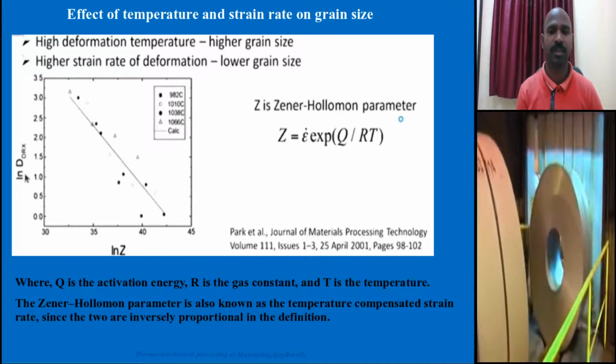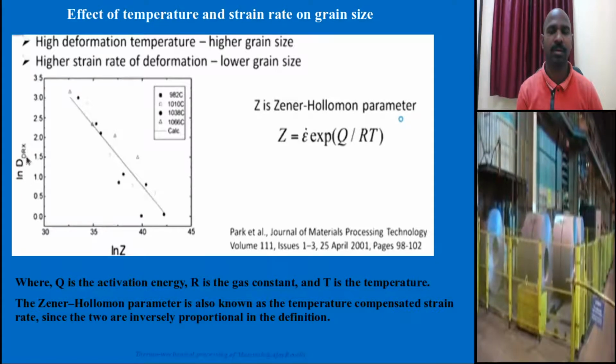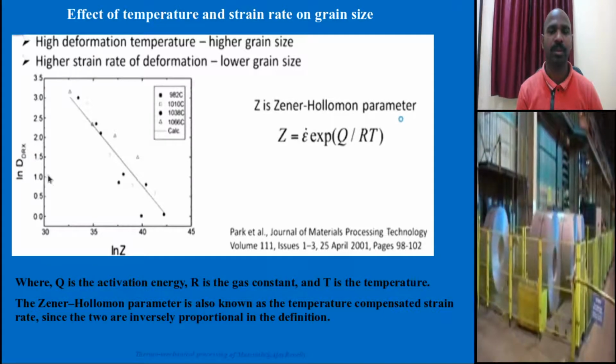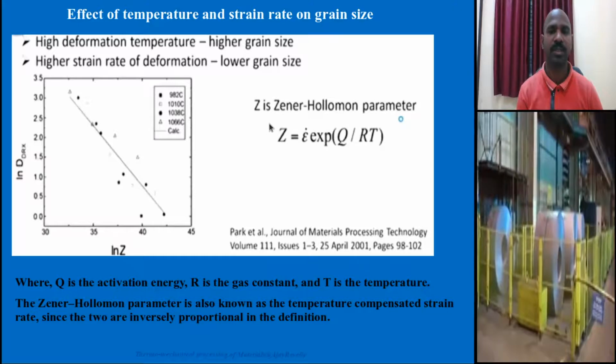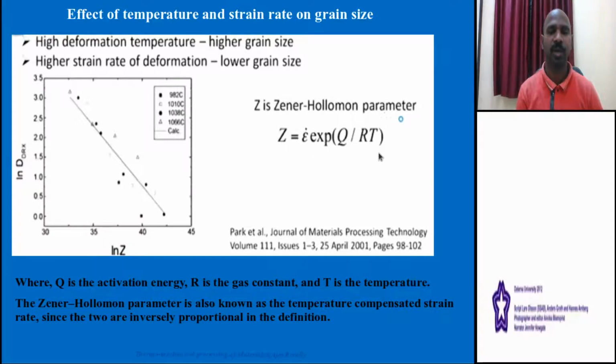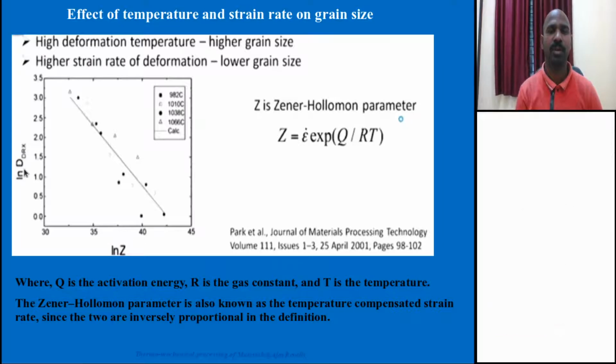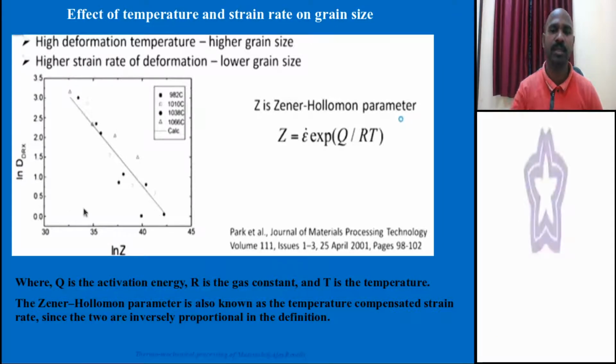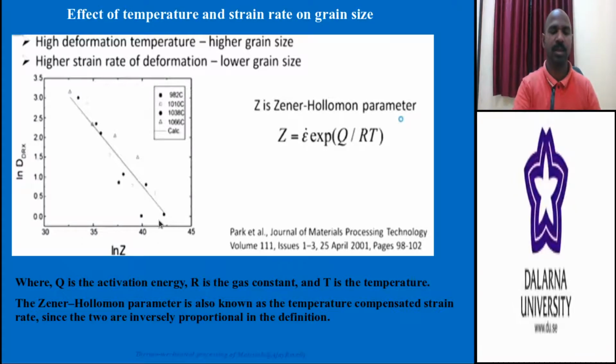This is the natural logarithm of grain size, the grain size values. This is the Zener-Hollomon parameter, which includes the strain rate and temperature. If the grain size is lower, this Z parameter is very high.